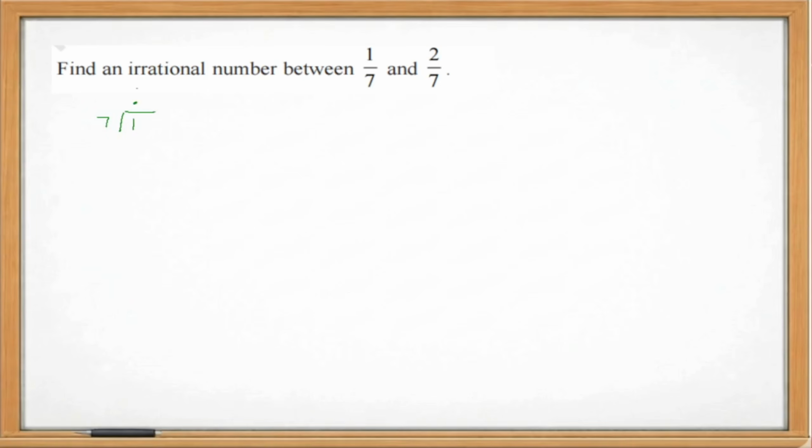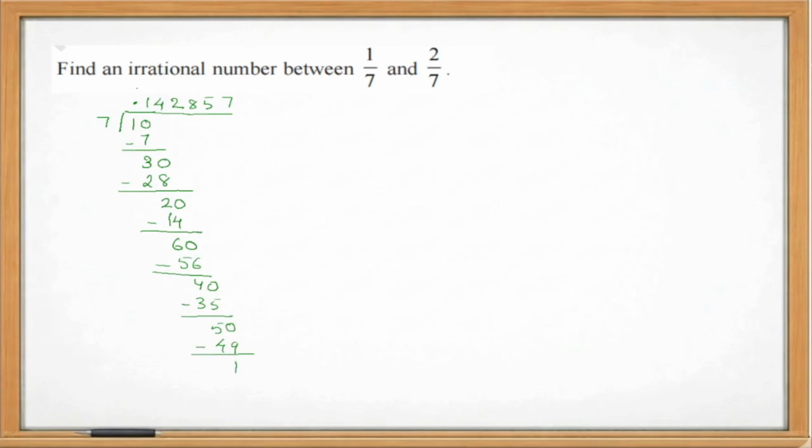So we'll put the decimal point here, it becomes 0, then 1, 7, you will subtract, you'll get 3, then 0 we'll put, then 4, this will become 28, minus, here you will get 2, 0, then 2 over here, it will become 14, you subtract, 6, 0, then write 8, this will become 56, subtract, 4, 0, then 5, which gives 35, subtraction 5 here, 0, then 7 sevens are 49, subtraction 1.